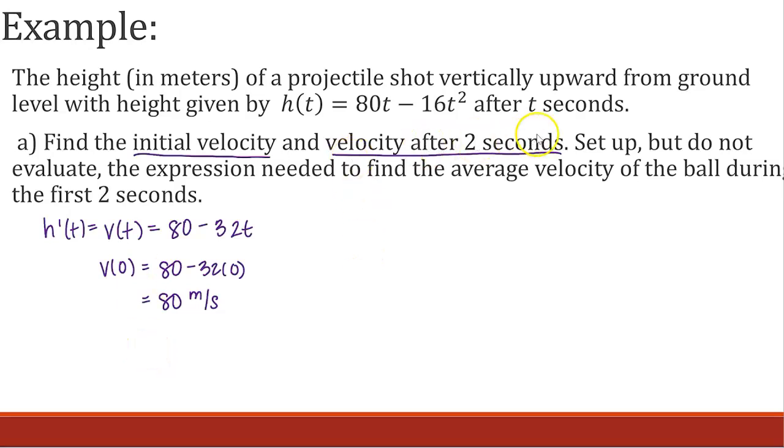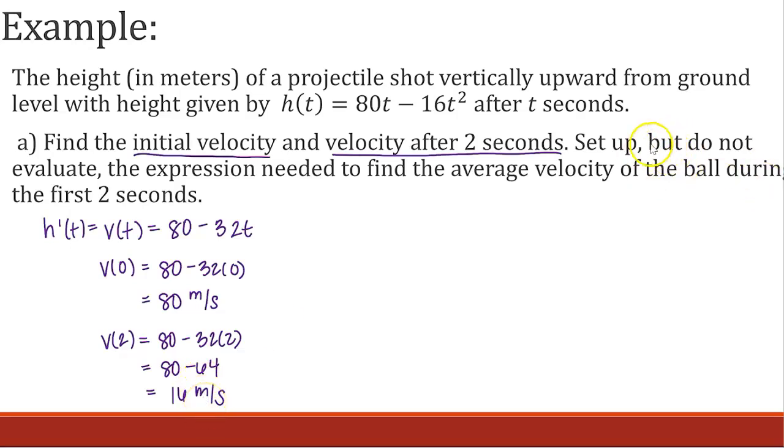And then I want the velocity after 2 seconds, which means I want v of 2. So that's 80 minus 32 times 2, or 80 minus 64, which is 16 meters per second. So we have our initial velocity and our velocity after 2 seconds.